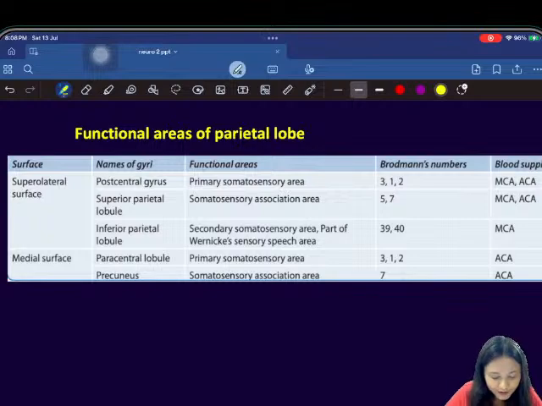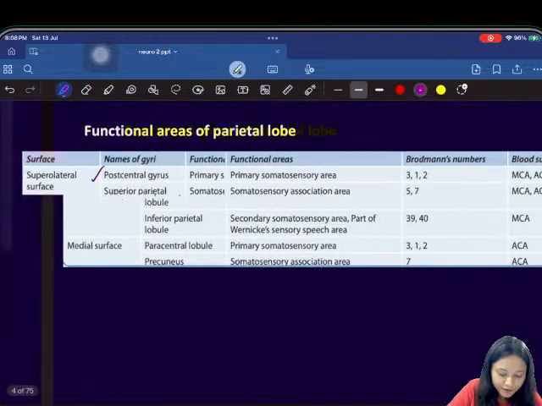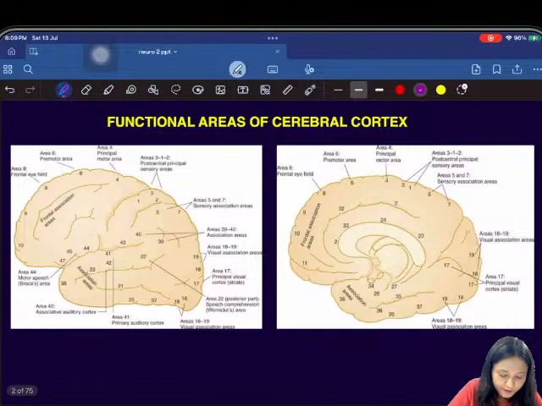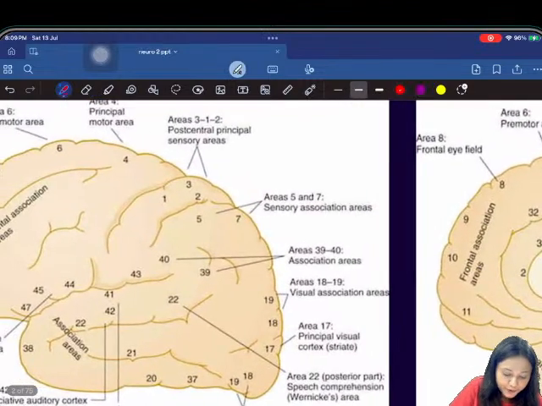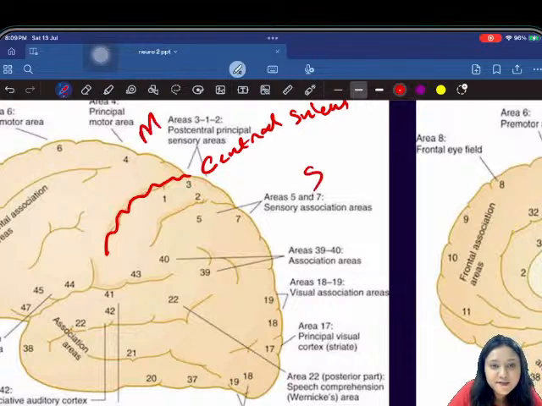Okay, in the parietal lobe, superolateral surface, we have the post-central gyrus. Now, where is the post-central gyrus? If you have to see in the image, I told you that this is the central sulcus. It is the demarcation between the anterior motor and the posterior sensory.